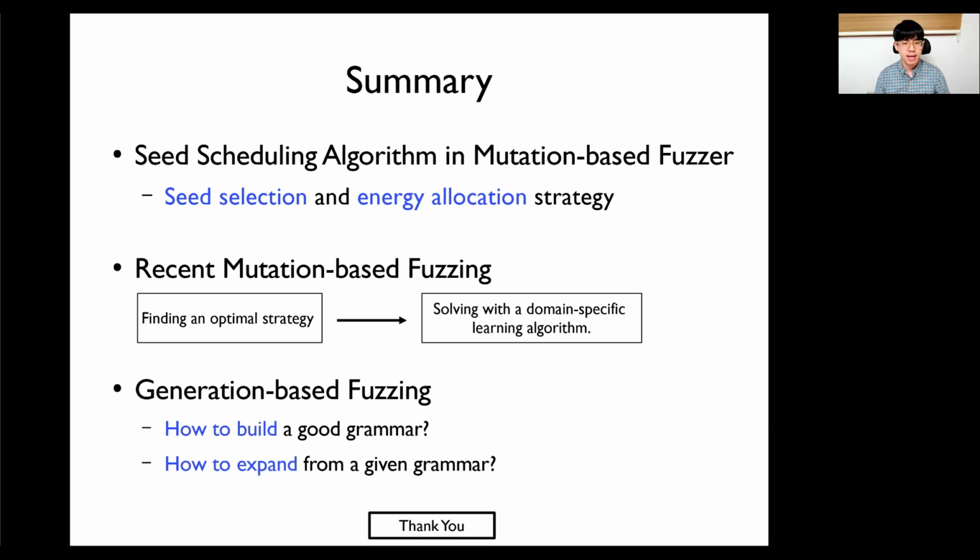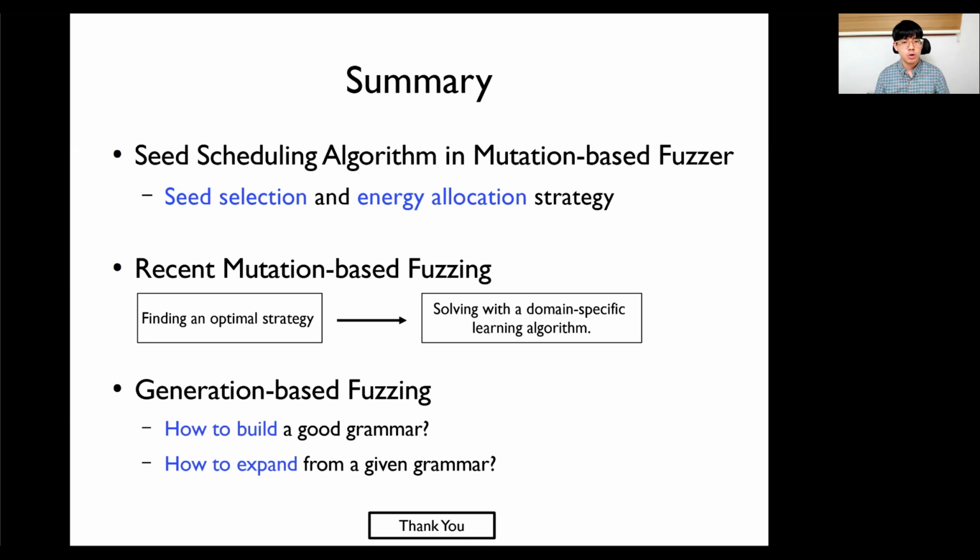Okay, let's summarize these lectures now. We first explored seed scheduling algorithms, which are one of the key components of mutation-based fuzzers. The seed scheduling algorithm aims to smartly select a promising seed first from the seed pool and smartly decide the number of mutants generated from the selected seed.